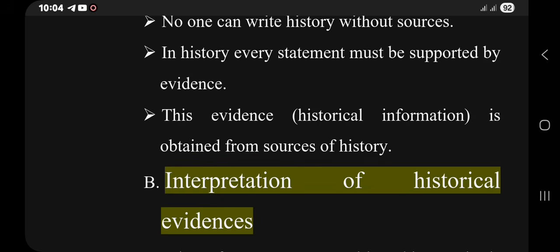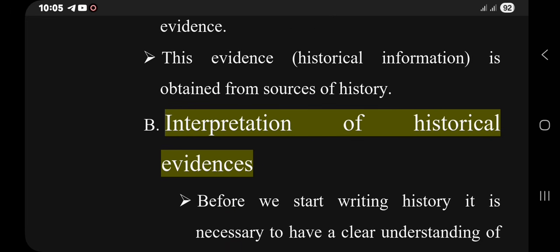Dear my learners, from all these points, you should know the importance of sources. Because of this, some historians say history means sources. That means without sources, no one can write history.